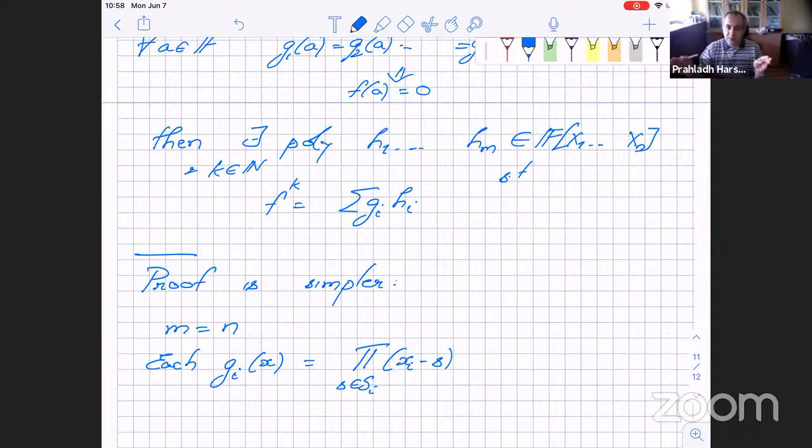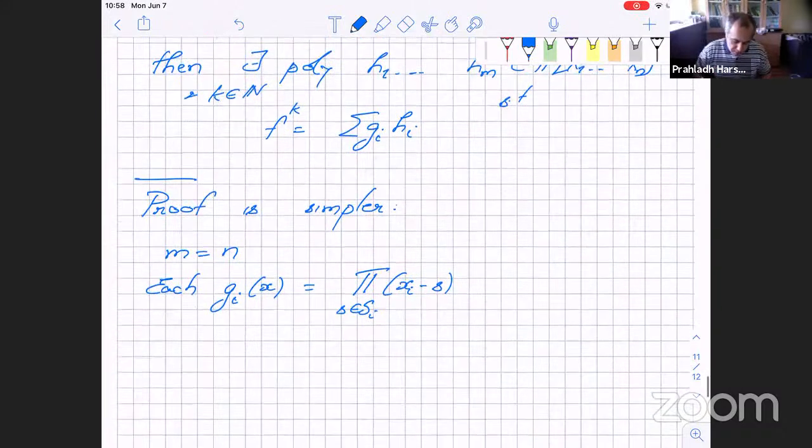So gi is just that polynomial. G1 is checking whether the first variable is a member of S1. G2 is checking if the second variable is a member of S2, and so on. In this special setting, I want to say actually, see, m is equal to n, and then I want to say if you have the case if f satisfies.